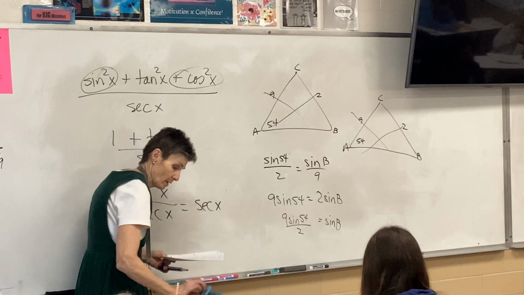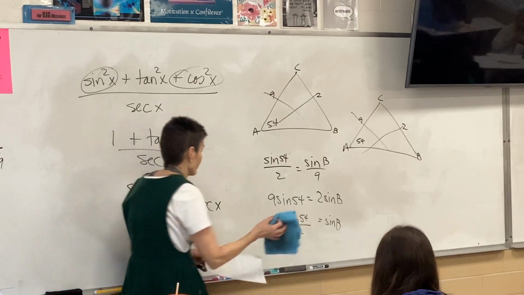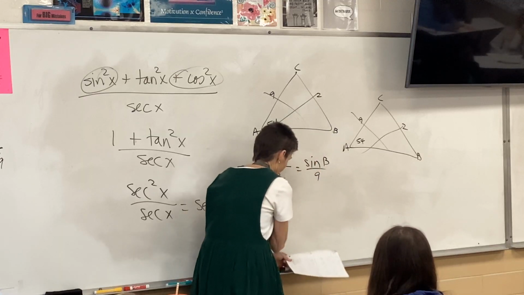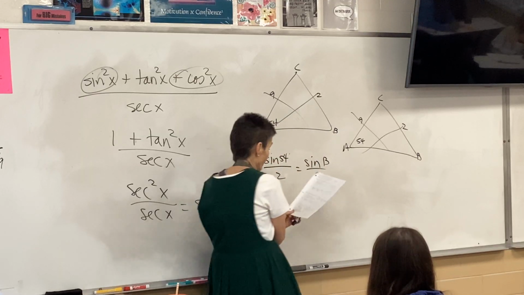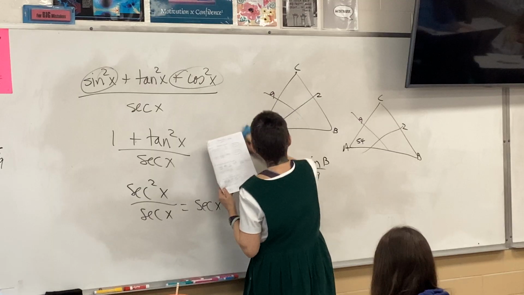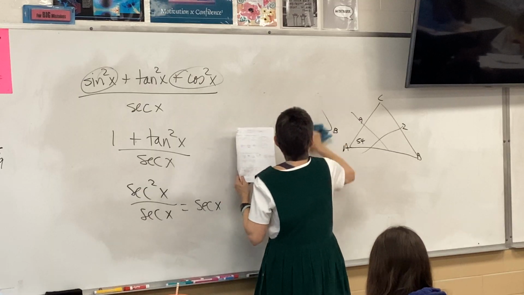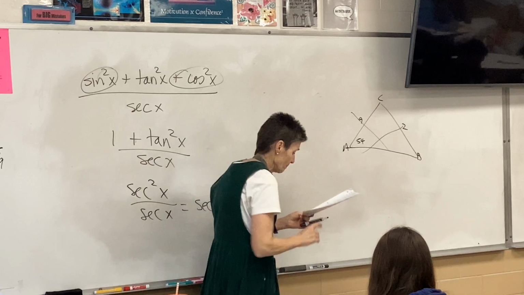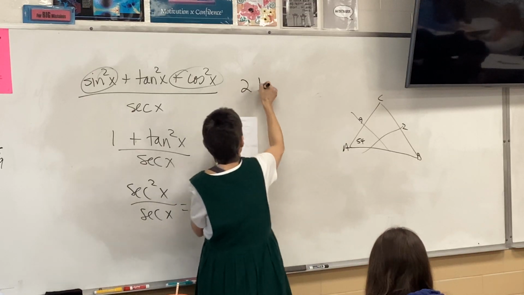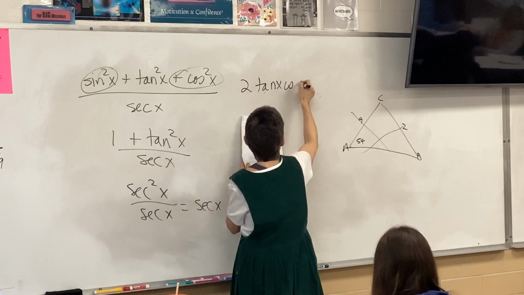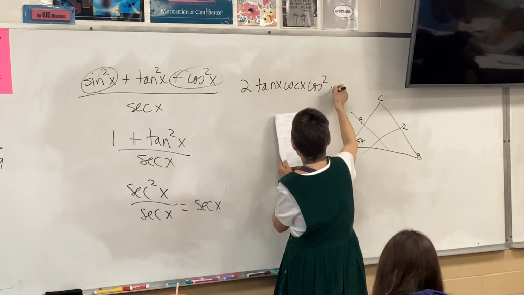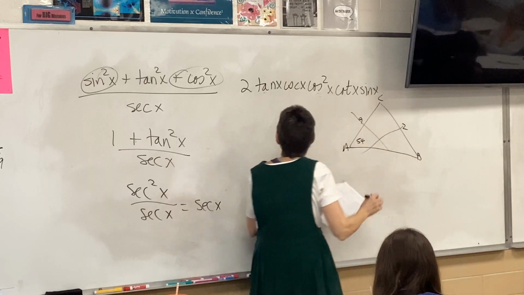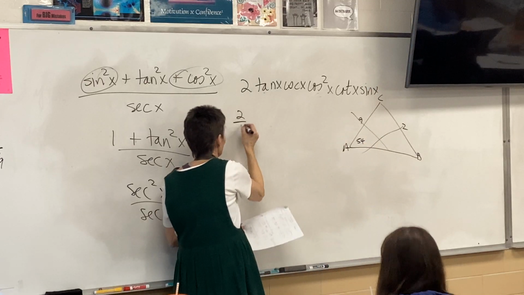All right, another one from the homework. Any others? Number 5 is one of those where we're going to rewrite everything because there's no add or subtract. So I have 2 over 1.